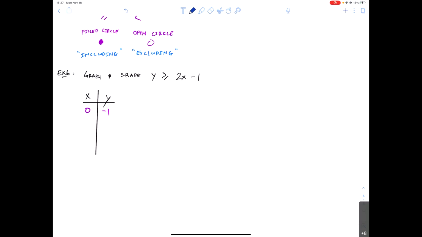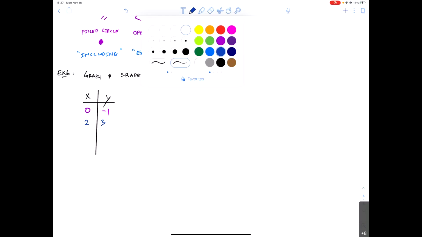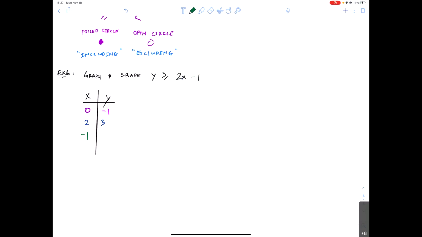Two. Sure, let's do 2. So in navy now, we got 2. So 2 times 2 is 4 for x. Then you guys subtract 1. So you're left with 3. And then I'll just pick another random number. I'll choose -1. Let's use dark green. So -1 times 2 is -2. And then now you have -3.